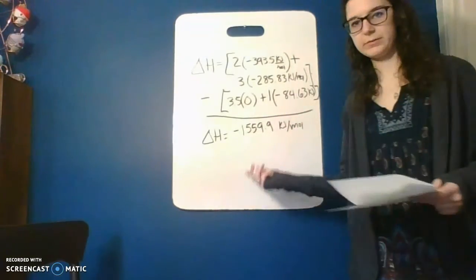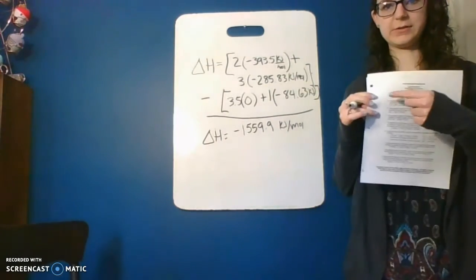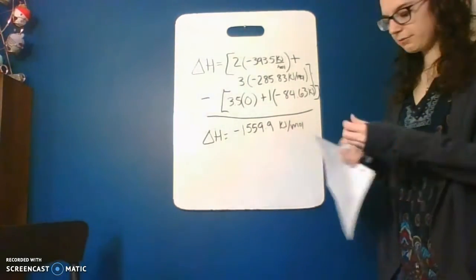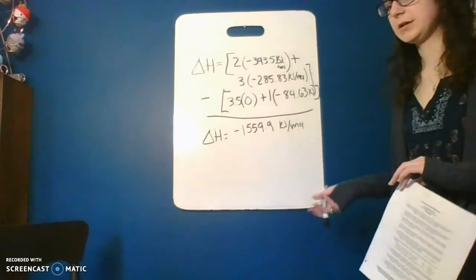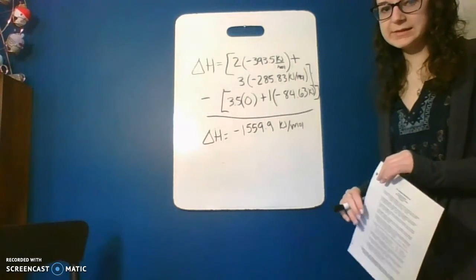And that's per mole of reaction that happens, so for every mole of reaction that follows the reaction that was listed in number 1. If you round, you can easily round to 1,560 as well. Not too worried about sig figs or anything like that. Okay, so that is number 1.